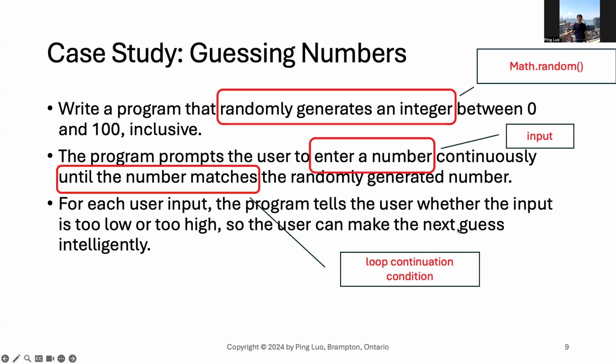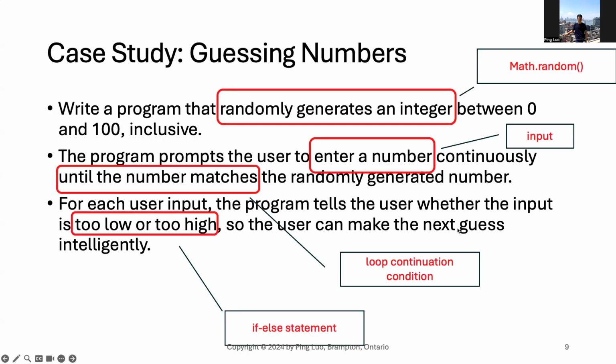Last week we talked about how to make a program. We need to figure out what the input is and what the output is, and how we can solve this question. Here, the input is the user entering a number, which means we need that scanner. And of course, we need to randomly generate that number at the beginning so that we can do some comparison.